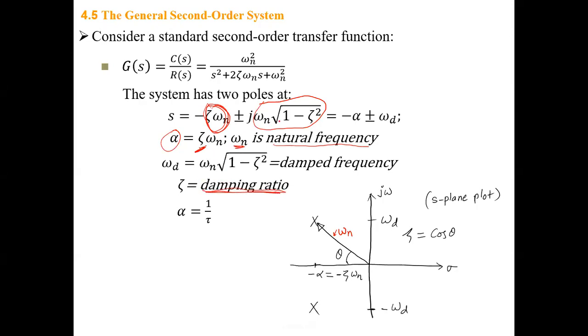And what is the omega d in the s-plane? Omega d is this, and this is called damped frequency. So omega d is the damped frequency, omega n is the natural frequency, and this is the damping ratio. And alpha is 1 over tau, right? That's what you know.